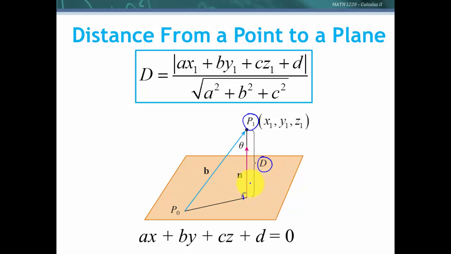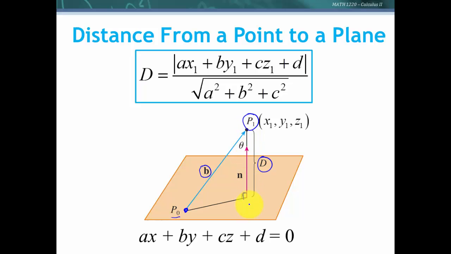If we have a point on the plane, and we have a vector that runs from the point on the plane to the point we're trying to determine the distance to, call that vector B. Well, this D is just the scalar projection of vector B onto this normal vector to the plane.